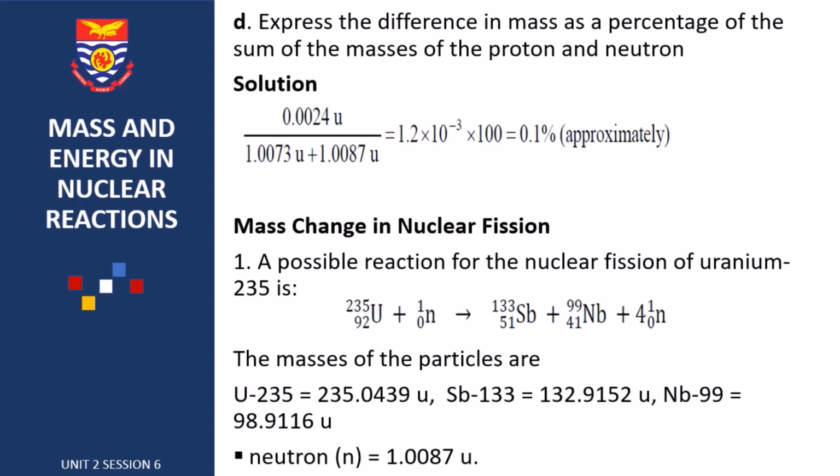So the question D says that we should express the difference in mass as a percentage of the sum of the masses of proton and neutron. The difference in mass we have calculated to be 0.0024, and the sum of the masses of proton and neutron is given by 1.0073 plus 1.0087.